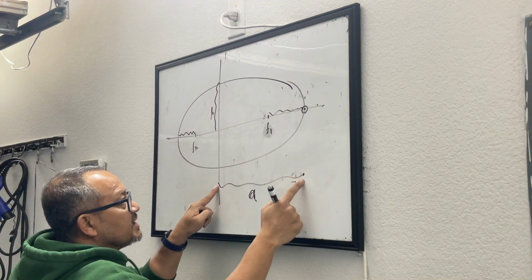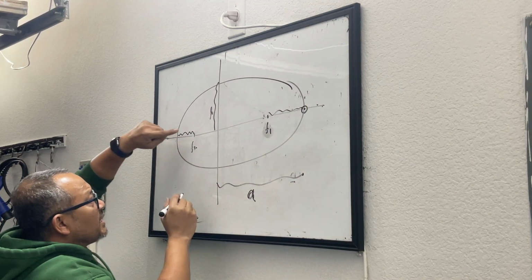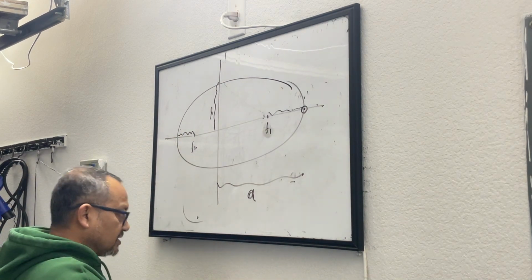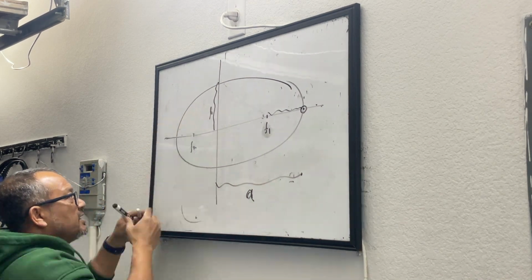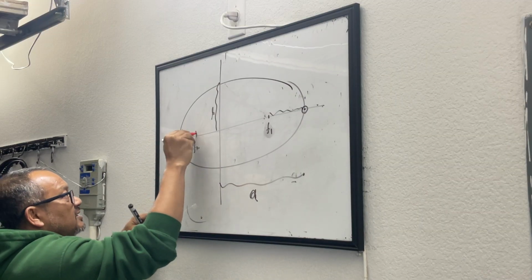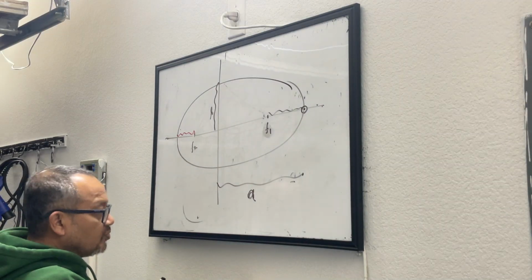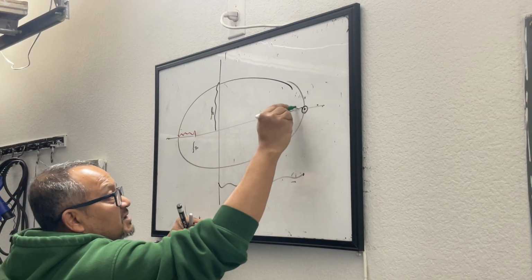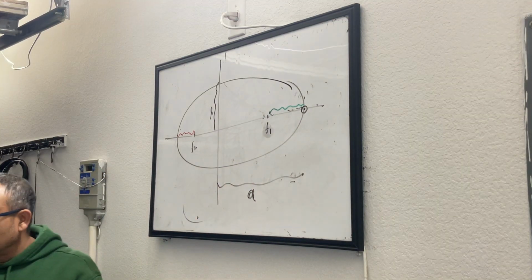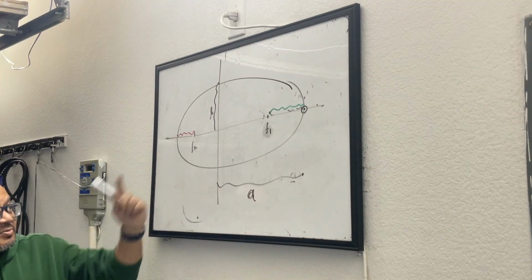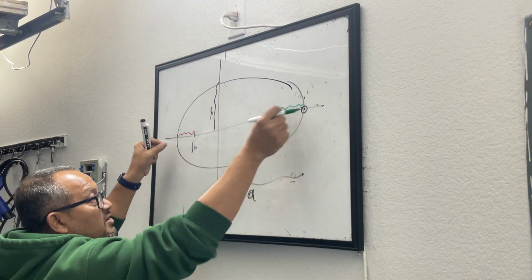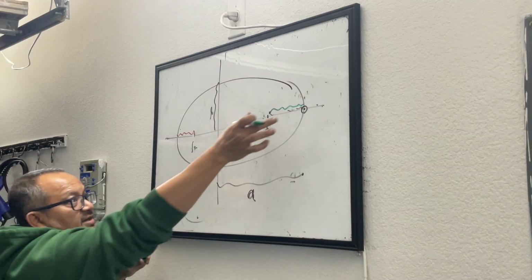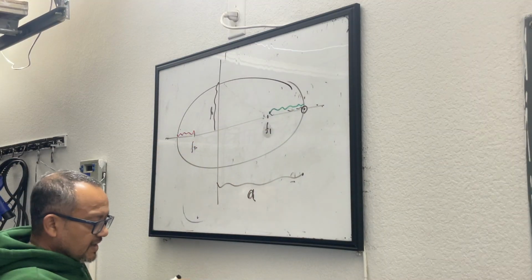Here this distance is A. So we are trying to add the one in red here and the one in green here. These two are same because of the definition of the ellipse. It says that these are symmetric points, meaning the distance from perimeter to here will be the same. So this green distance and red distance are same.